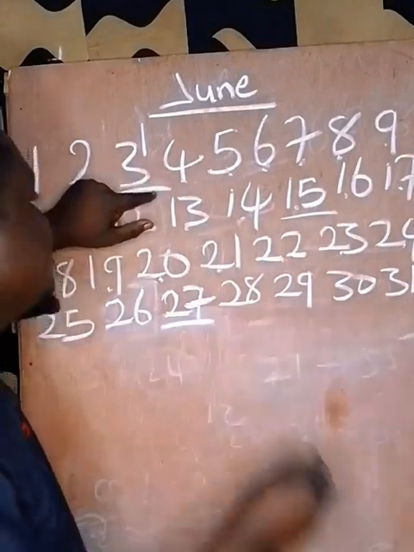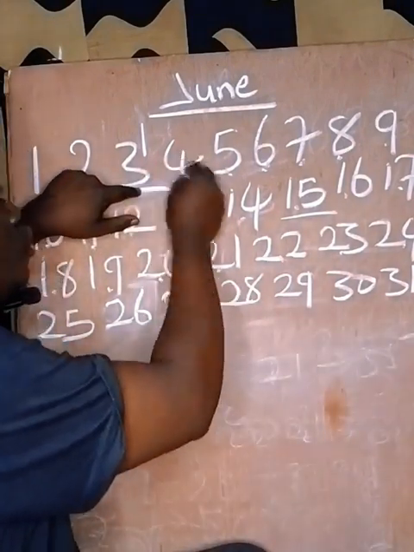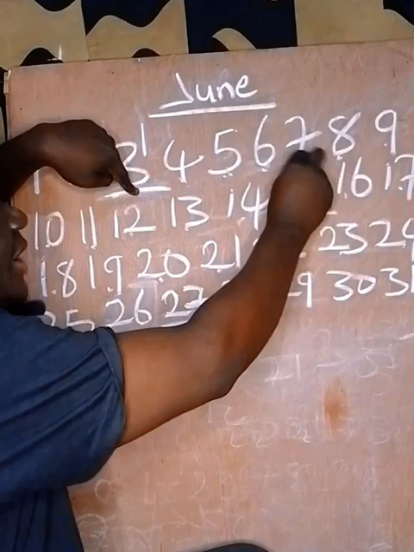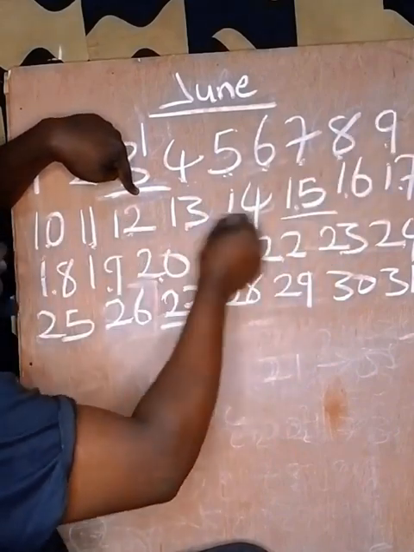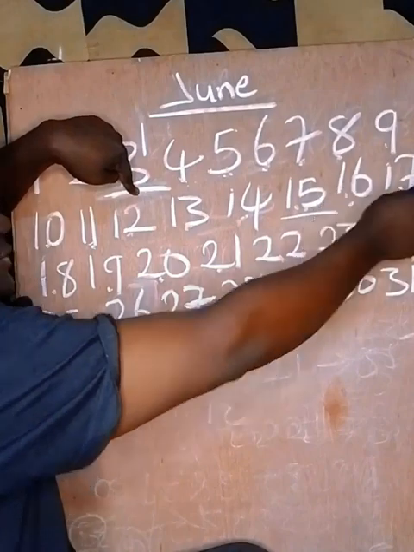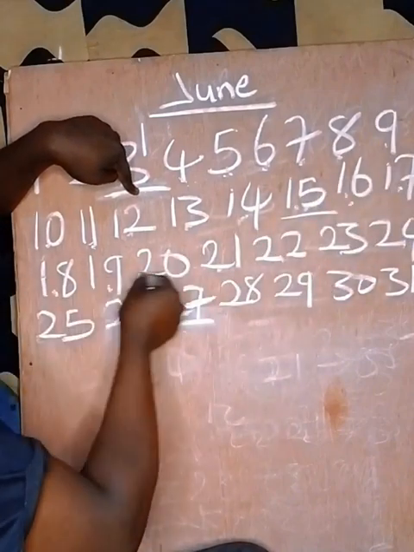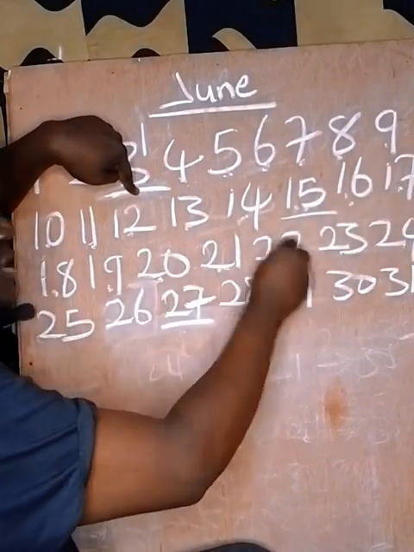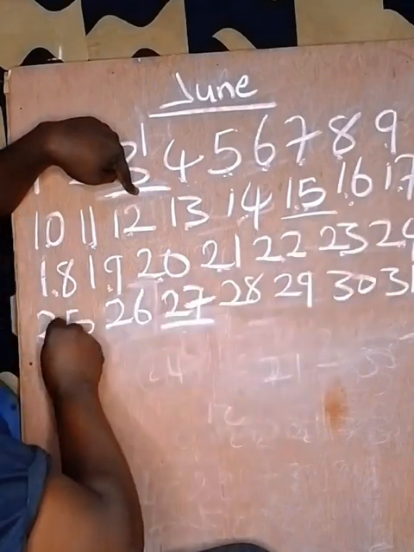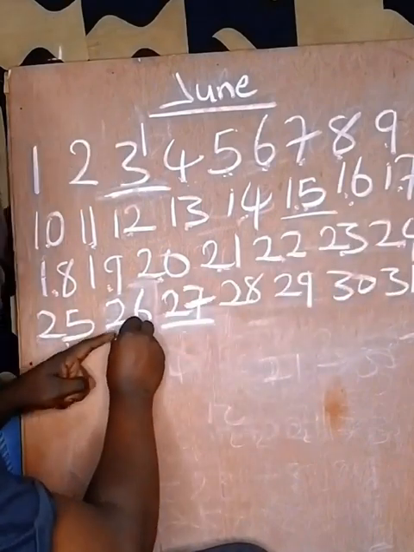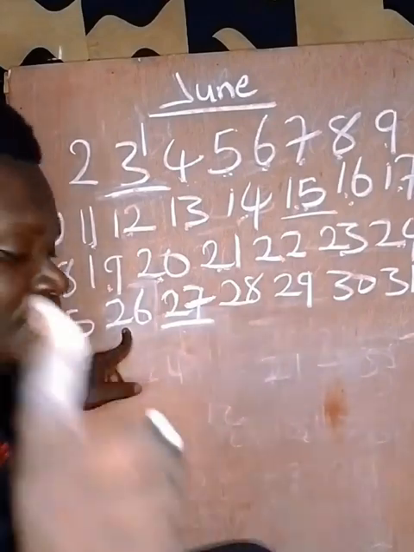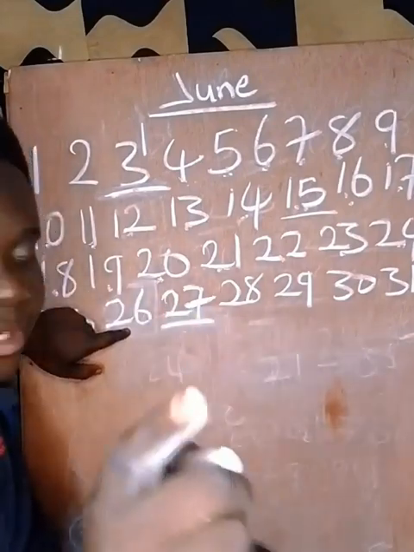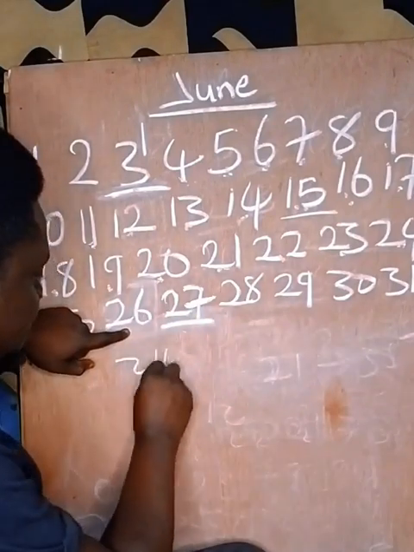Now count with me guys. 1, 2, 3, 4, 5, 6, 7, 8, 9, 10, 11, 12, 13, 14, 15, 16, 17, 18, 19, 20, 21, 22, 23, 24. And as you're counting, that means that this person's cycle length is 24 days.